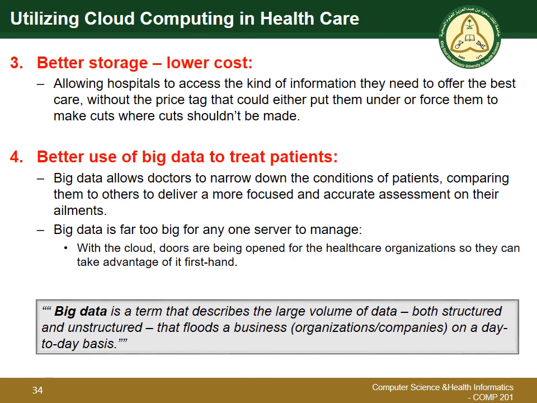Images are unstructured data, but with the help of technology, we make them more structured so that we can get insights out of these types of data. Big data floods the business nowadays on a day-to-day basis.